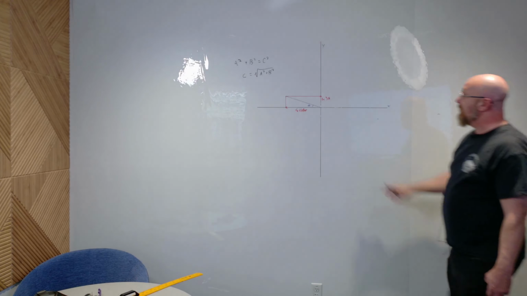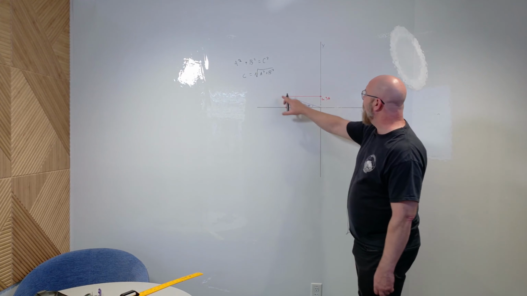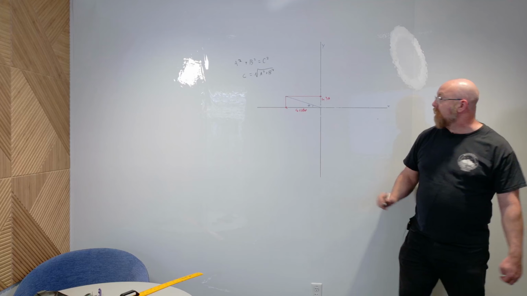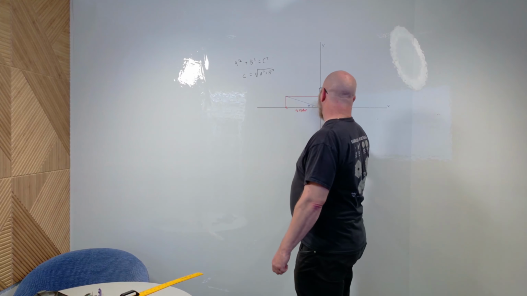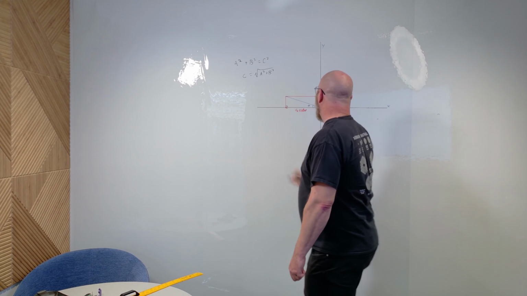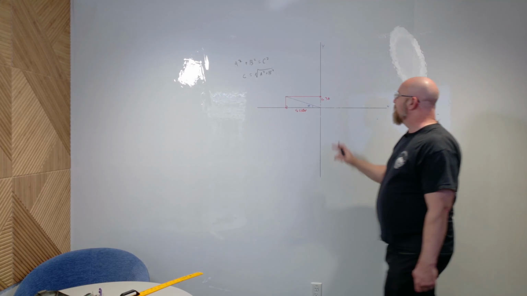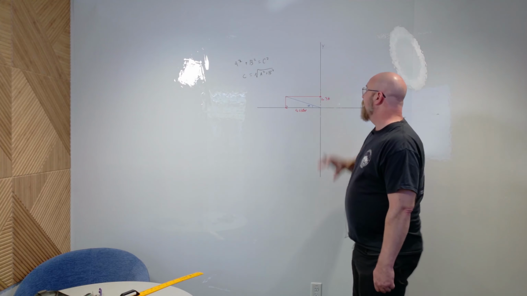So c is this line right here. We're trying to figure out this resultant force, and that is the hypotenuse of a right triangle. This is the right angle, with a side of 3 and a side of 10.